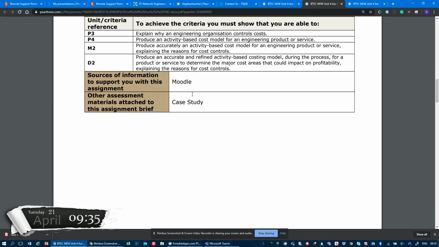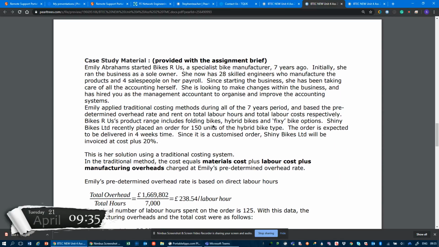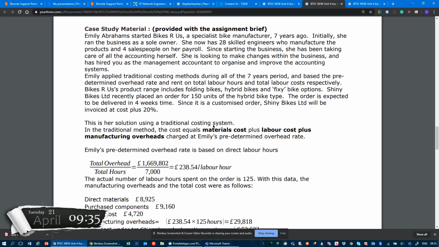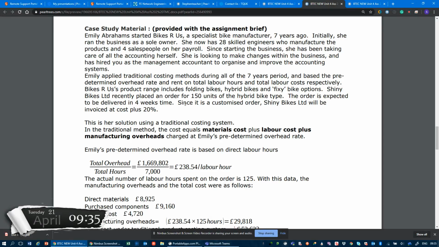Okay. As always, it's on Moodle. Everything's on Moodle. Right. So the case study is this. It's all made up, obviously. Right.